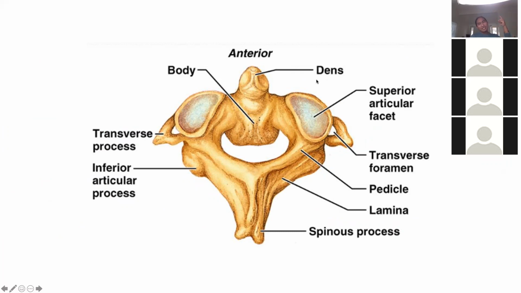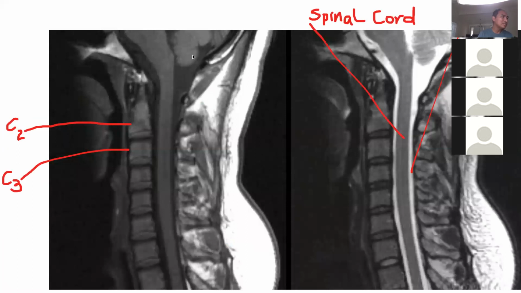If we look on the lateral view, this is cervical 2 because it has dens. It has a very tall projection like a telescope coming out from the bony process. That is the landmark to identify the cervical 2 vertebra.